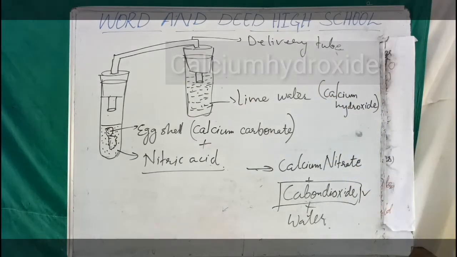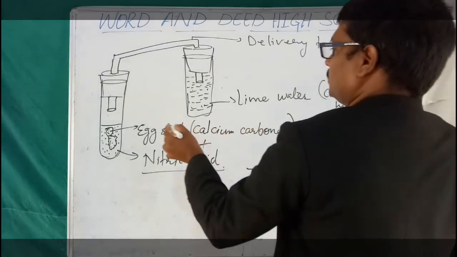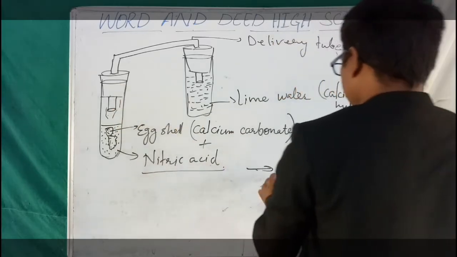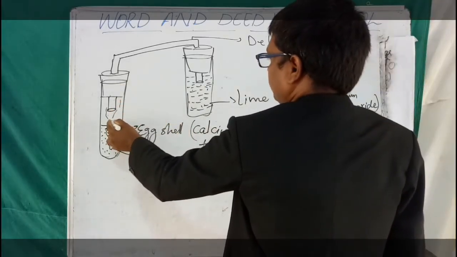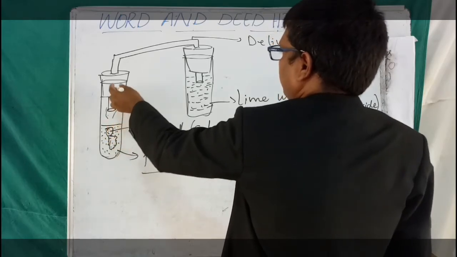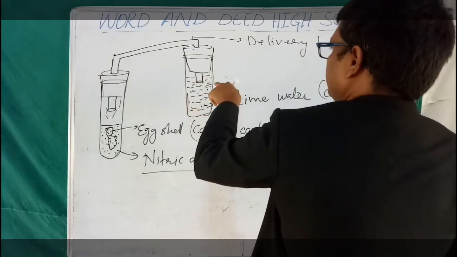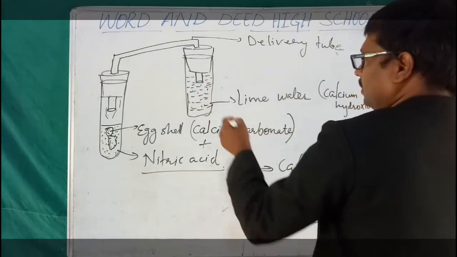Calcium hydroxide. If you want to confirm whether the produced gas is carbon dioxide or not, you have to collect the produced carbon dioxide with the help of a delivery tube like this and fix the other end of the delivery tube to another test tube, as shown in the picture.